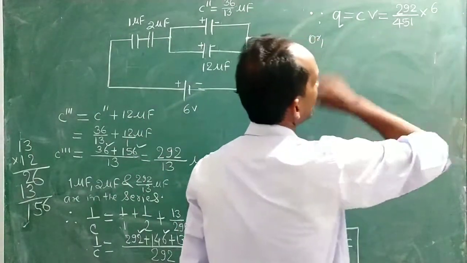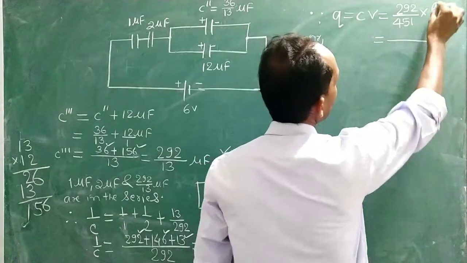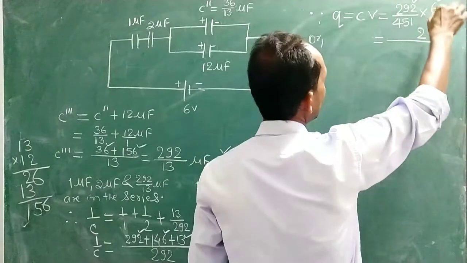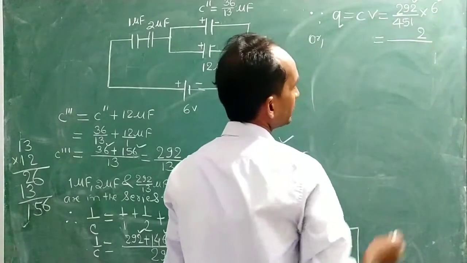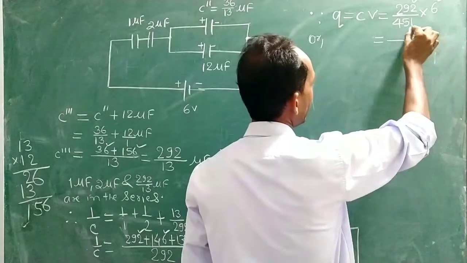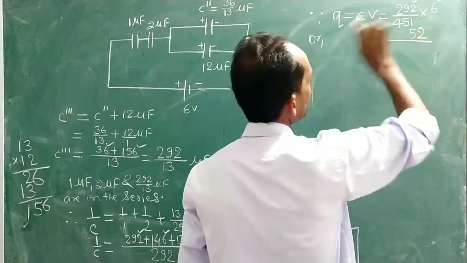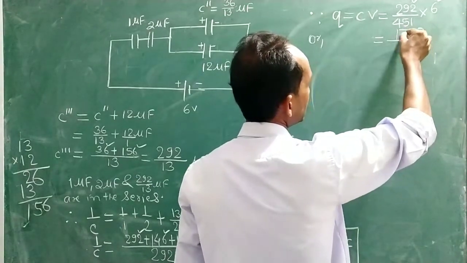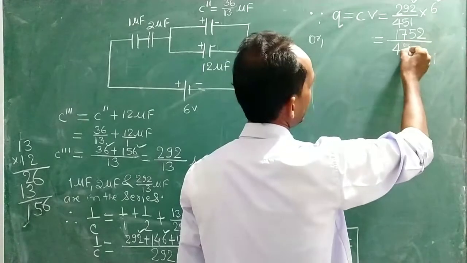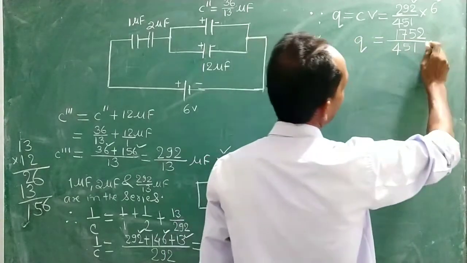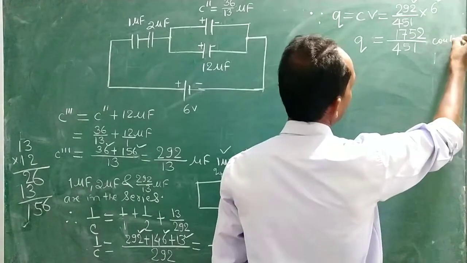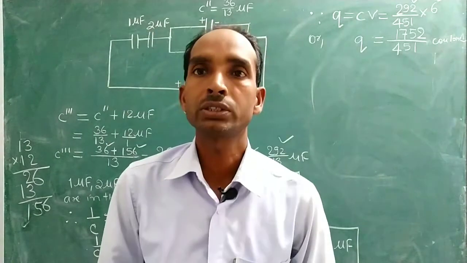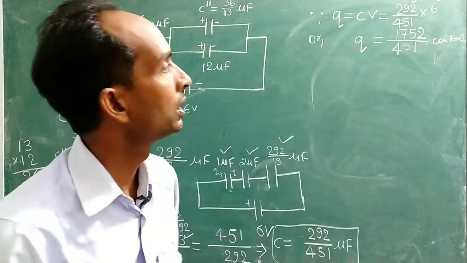This equals 1152 divided by 451 coulomb. This is the charge in the whole circuit which is given by the 6 volt cell.